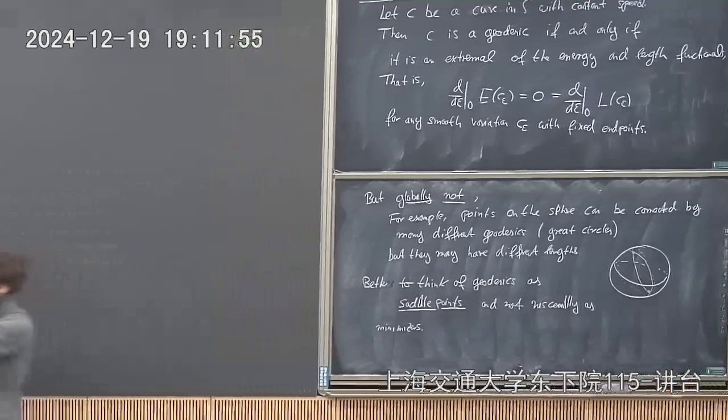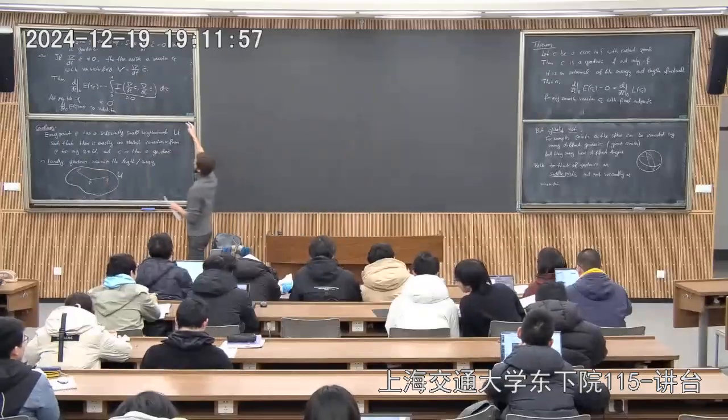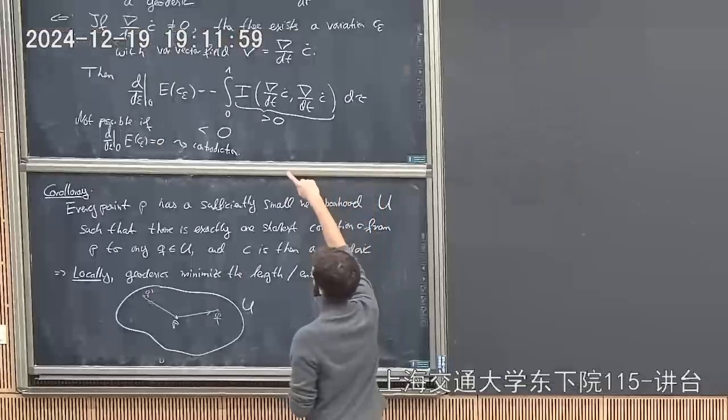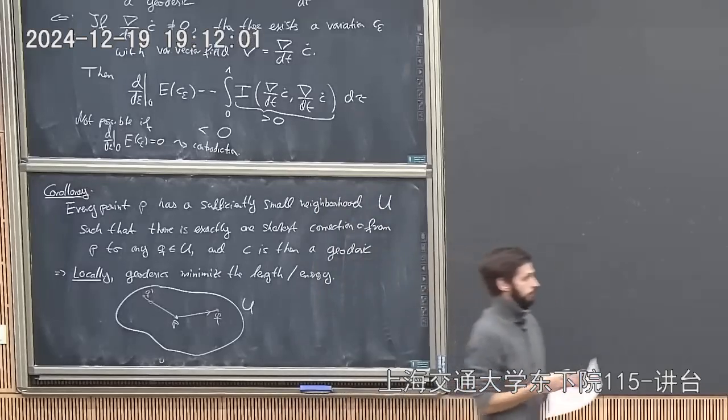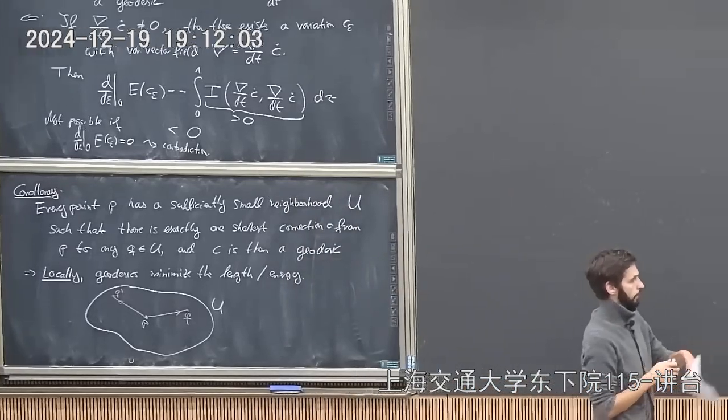So that's also the theorem that we got up here, saying that the geodesics are exactly the ones which have 0 variation.